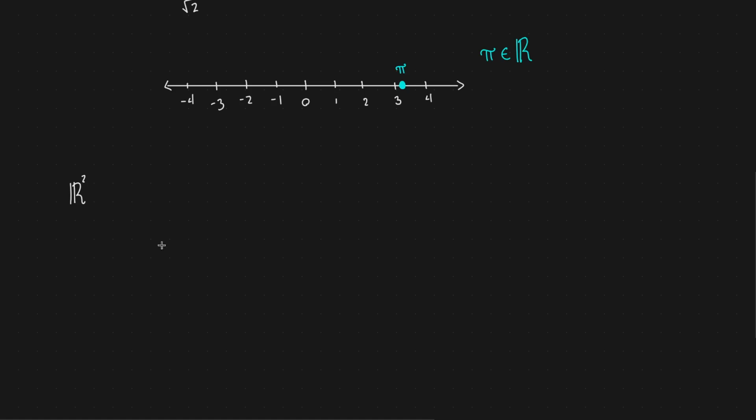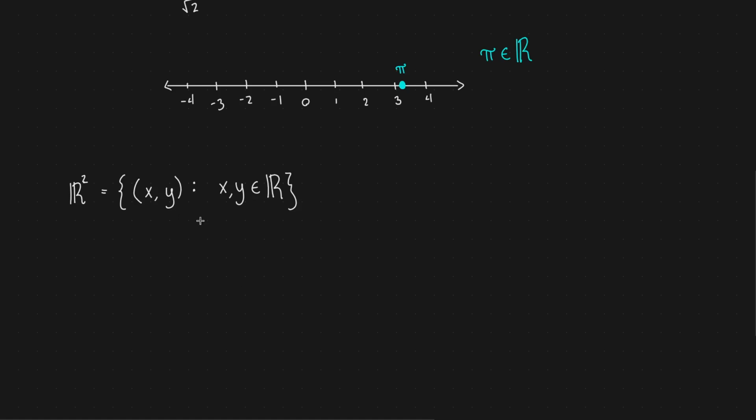We call this R2. And in set builder notation, we write it as the set of all ordered pairs x and y such that x and y are both real numbers. Okay, x and y are both in the set of real numbers.